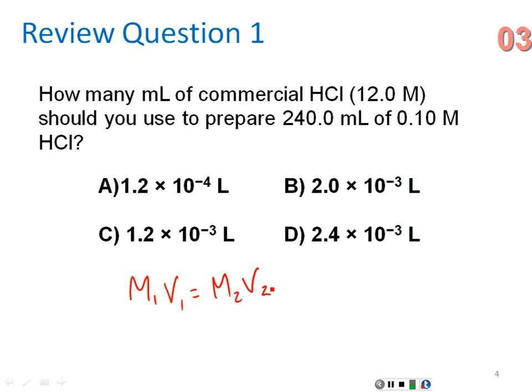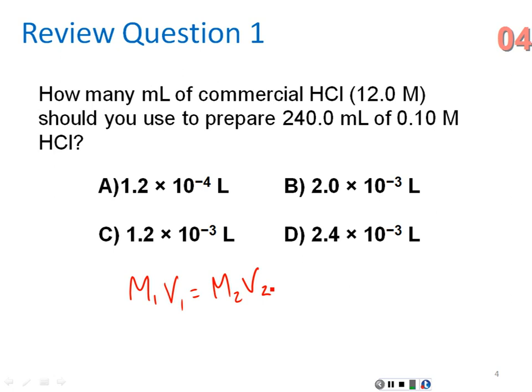So if you wanted to think about that as a concentration instead, that would be a good way to think about it, because you can have concentration expressed in different units than molarity. So it really doesn't have to be molarity. But in this example, we're dealing with molarity, so thinking of it as M1 V1 equals M2 V2 is appropriate.